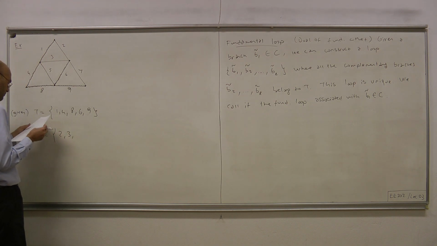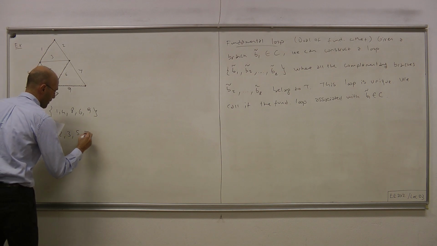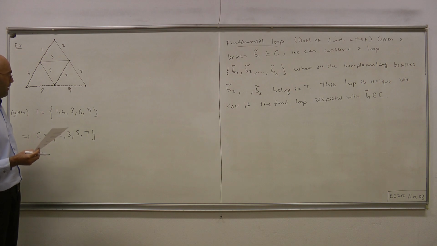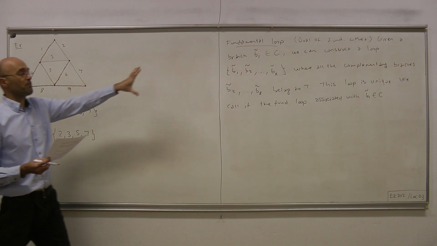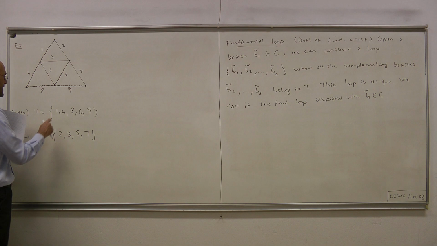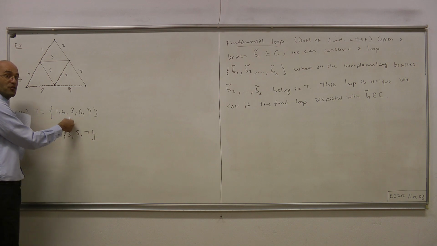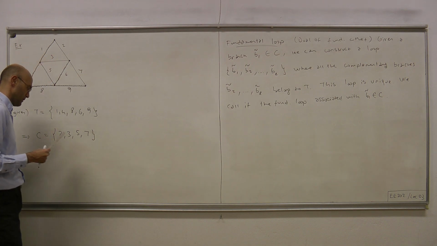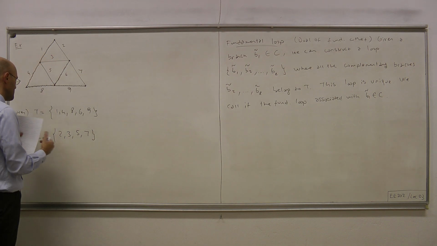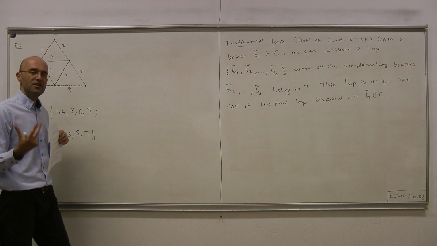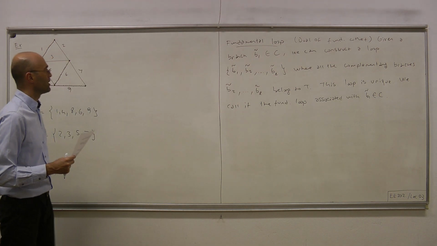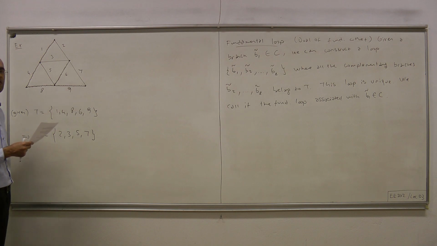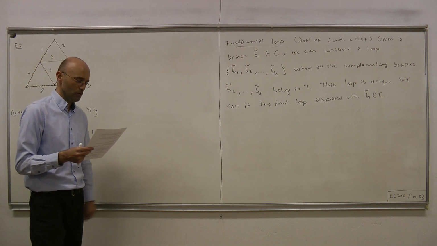2, 3, 5, and 7. Okay. Now, according to our definitions, each of these tree branches sets a fundamental cut set, and likewise each of these Cotree branches determines a fundamental loop. So let's figure out, by looking at the graph, those fundamental cut sets and fundamental loops.